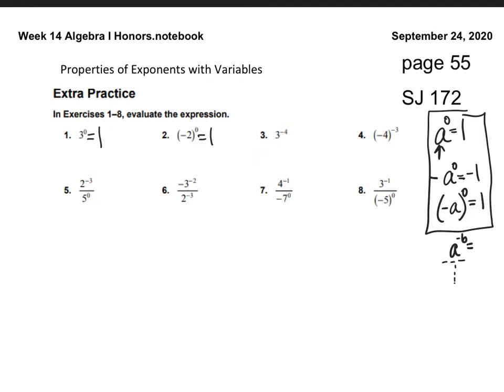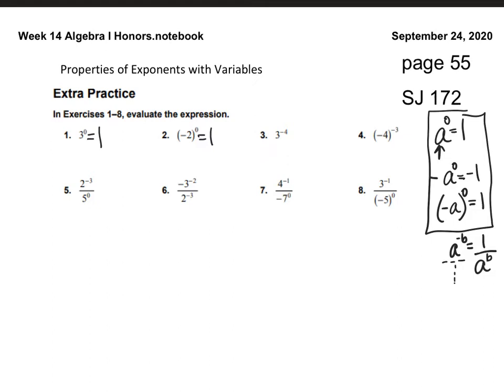In order to make it a positive exponent, you move it to the denominator, make the exponent positive, and there has to be something in your numerator, so you would put a 1. And then, of course, if you have a base that's a number, you would want to simplify that number.